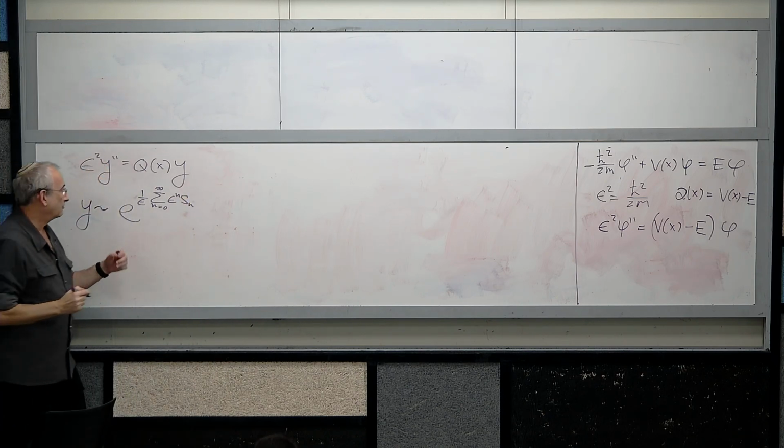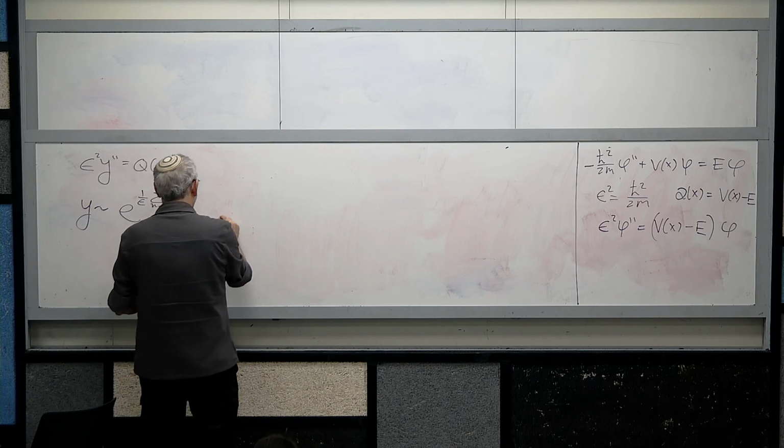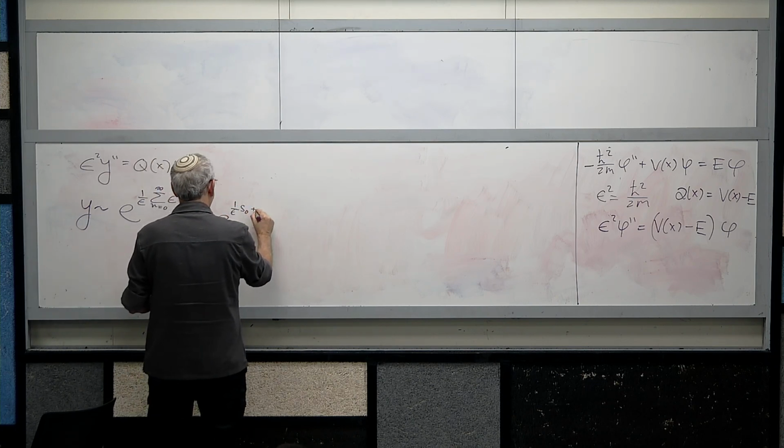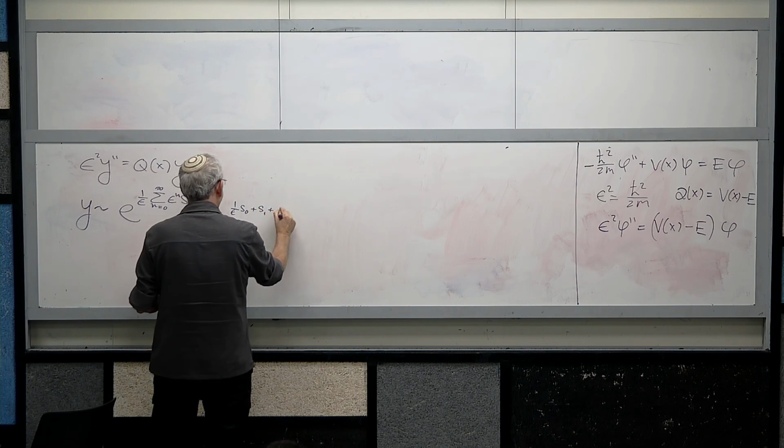This implies it may be written as e to the 1 over epsilon times S0 plus epsilon S1 plus epsilon squared S2 and so on.